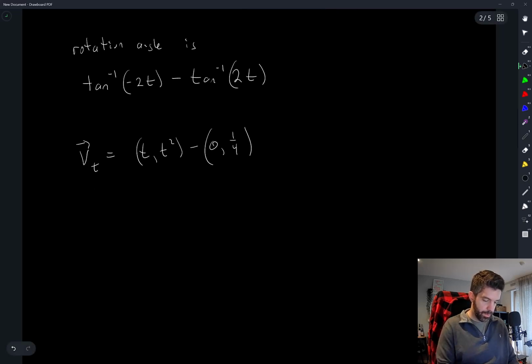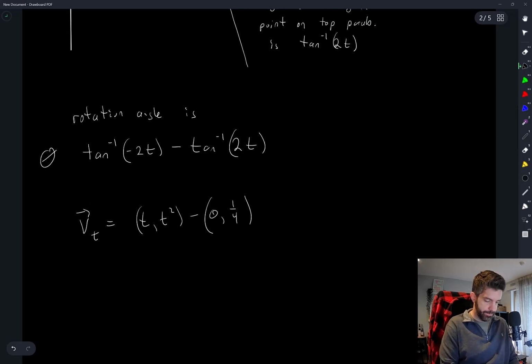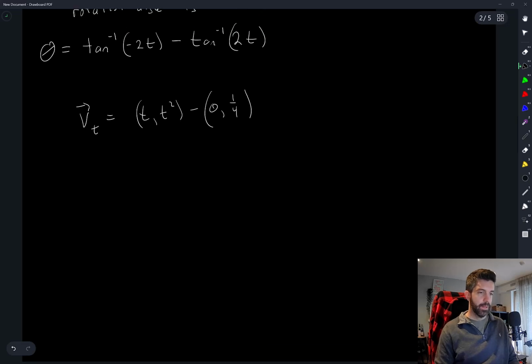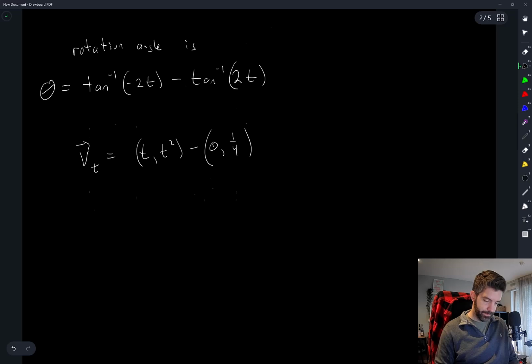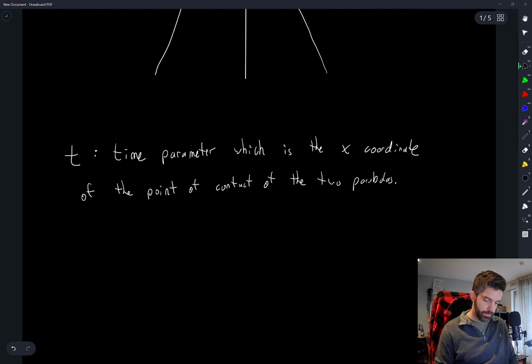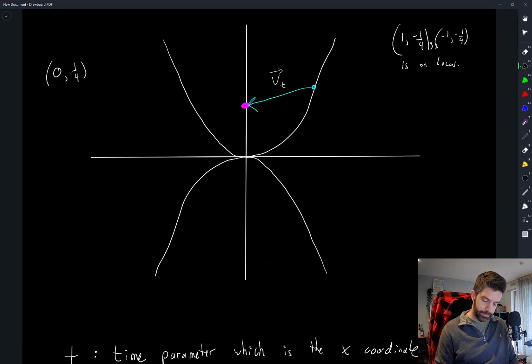If I rotate, I'm going to call this angle theta. That's the angle that we rotate. So the new location of the focus is going to be at this point plus the rotated vector v.